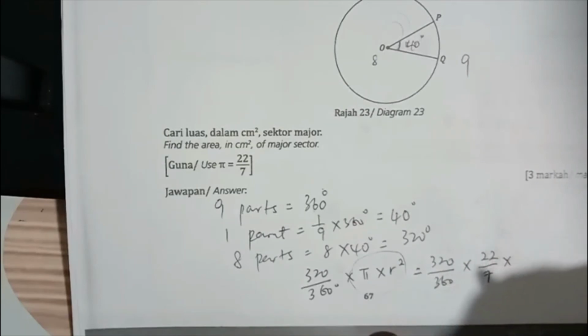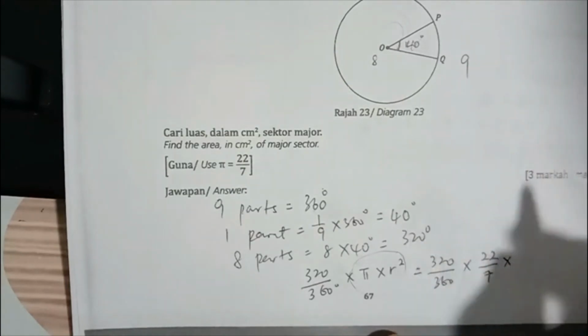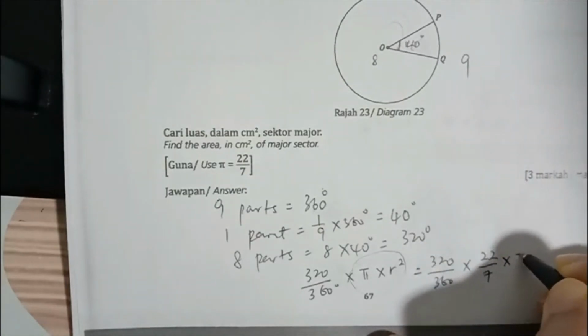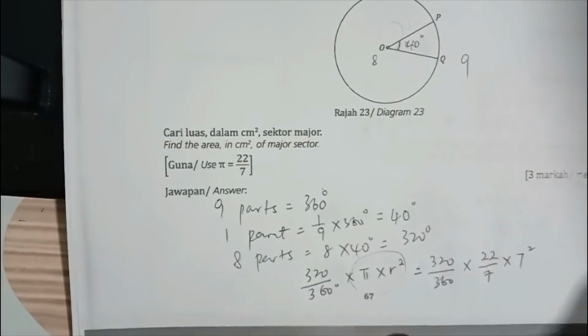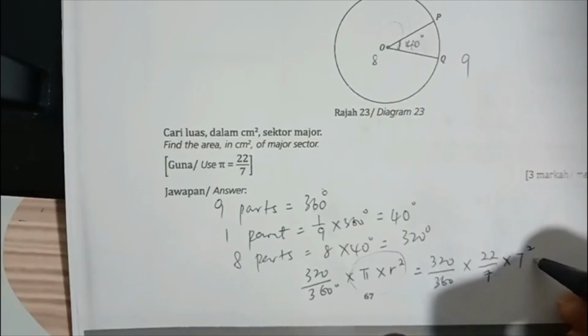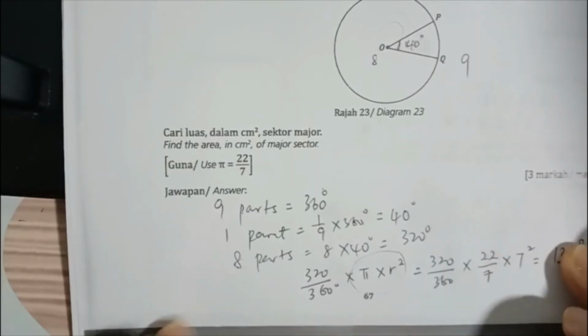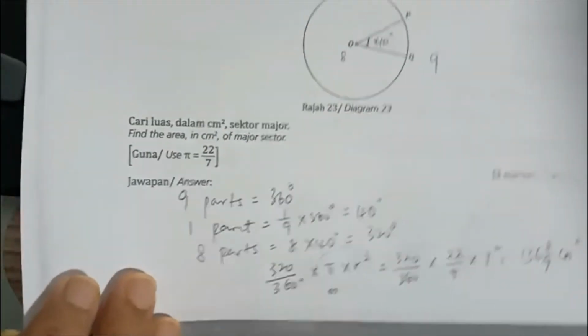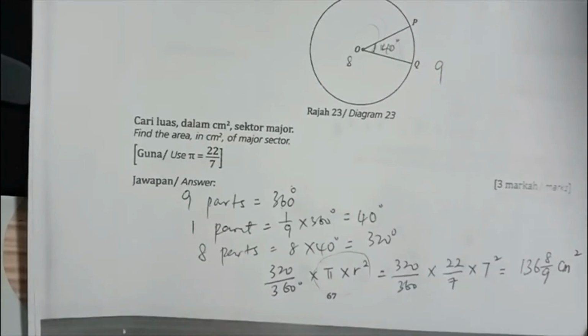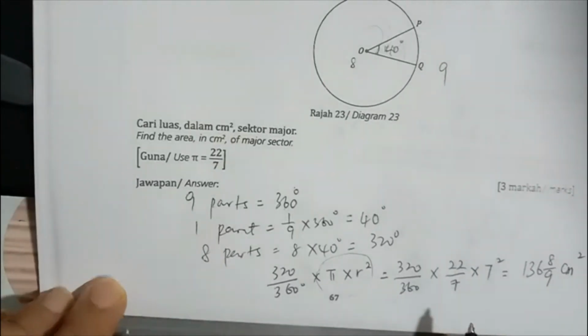The radius equals to, diameter is 14, so 14 divided by 2 is 7. So 7 squared. You solve this one, you will get the answer 1368 over 9 cm squared. You need to press the calculator. So I want to save time, so I make it short.